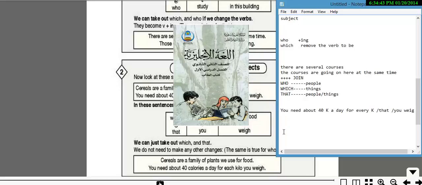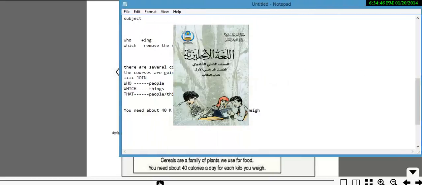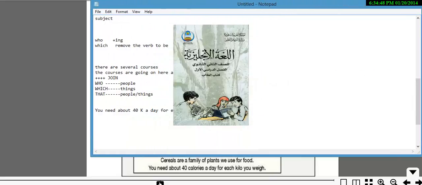Now think about it in different terms. Okay, you is just merely a subject, and need is simply a verb. Then about 40 kilo a day for, and so let's say this is the object clause, blah blah blah, and then you've got that, and then you've got the rest of it.